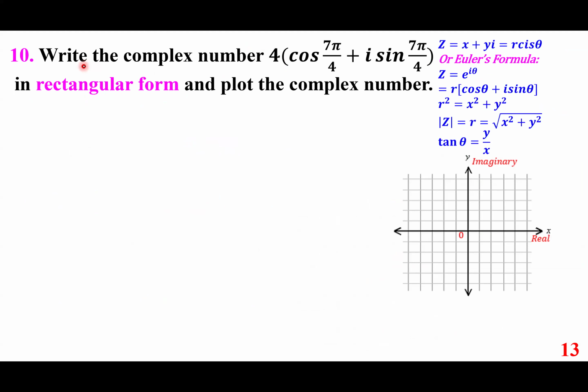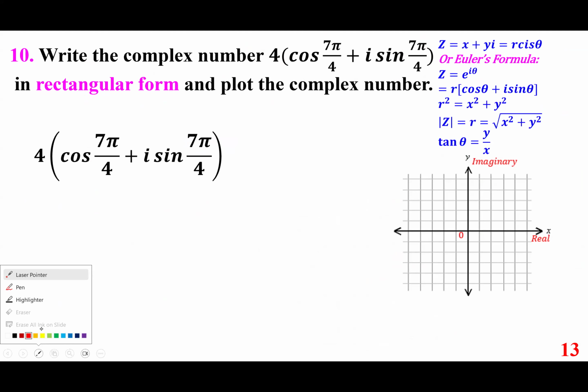All right, question number 10. Write the complex number 4 cosine of 7 pi over 4 plus i sine of 7 pi over 4 in rectangular form. And again, this is r cis theta. So just replace the cosine of 7 pi over 4 with, remember, pi over 4 is the reference angle.